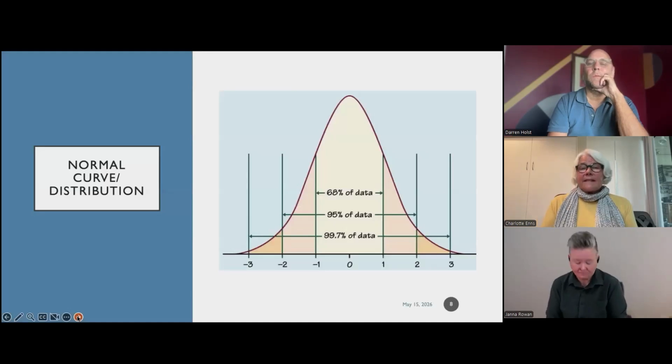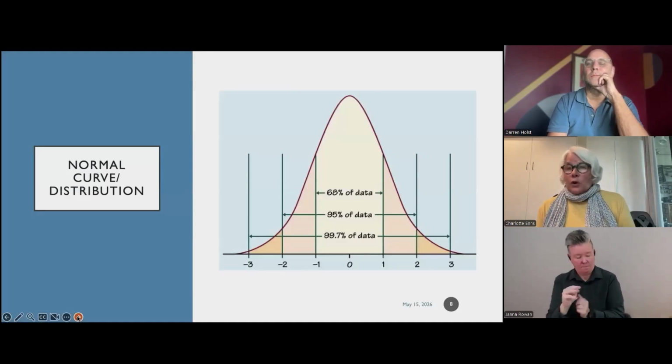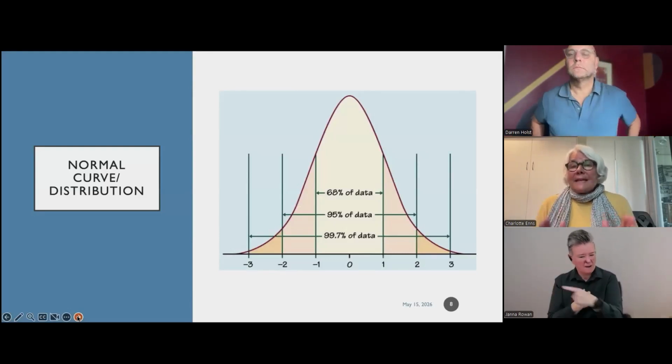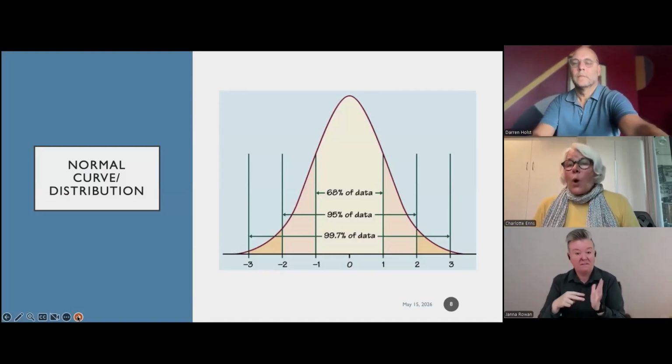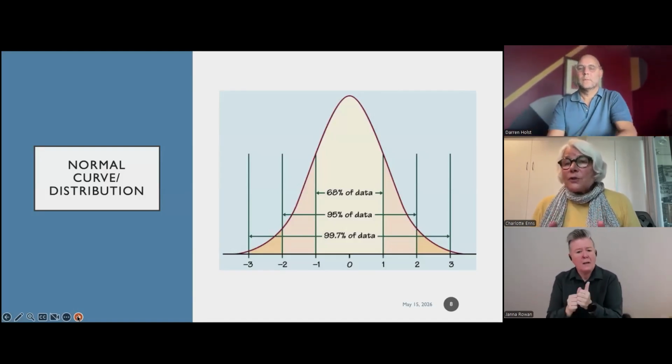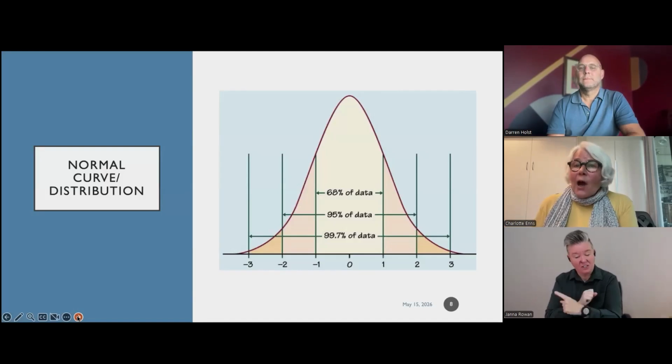Okay, one last thing about norms is this idea of the normal curve. You've probably seen this before, where basically normal is defined by what most people do, or what most children do in this case at certain ages. So that's how the standard scores are determined on the test.